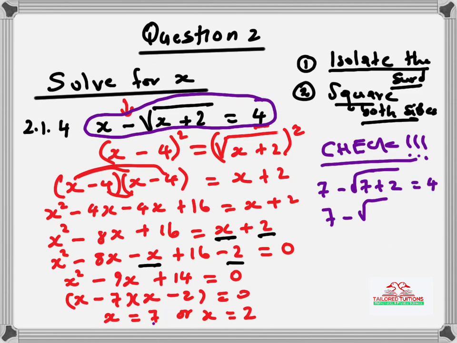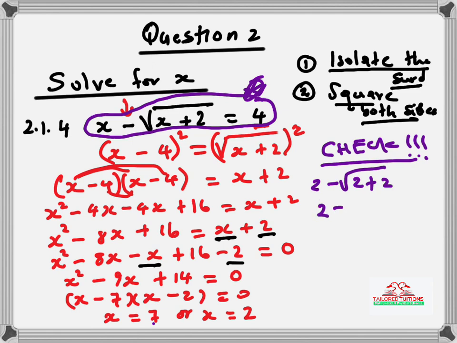Let's go and check now with x equal to 2. Now with x equal to 2, again I said we're checking using the original equation. This is now 2 minus square root of 2 plus 2. So this is 2 minus square root of 4. What is square root of 4? That is 2. See, now we are getting what?